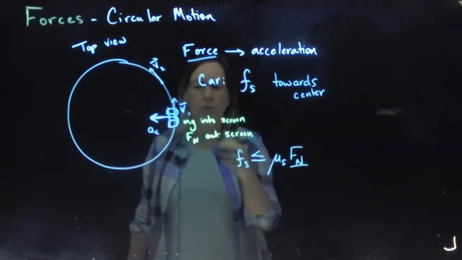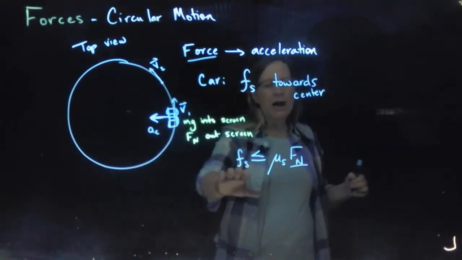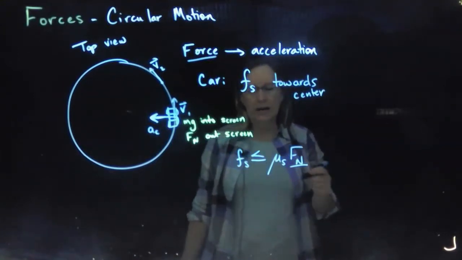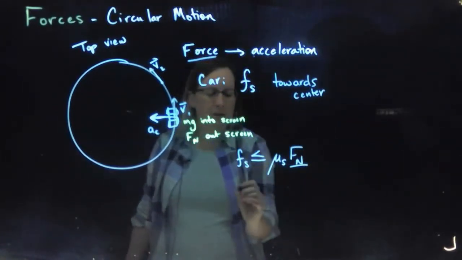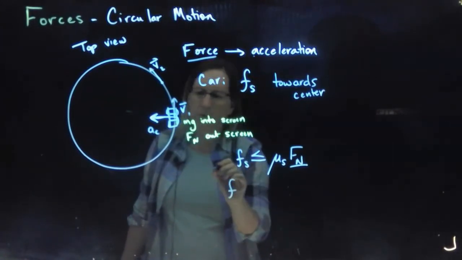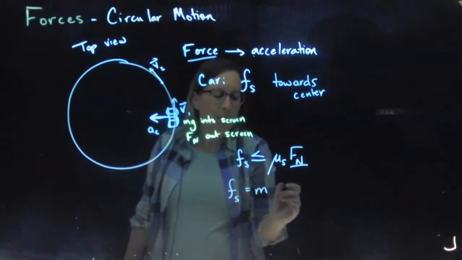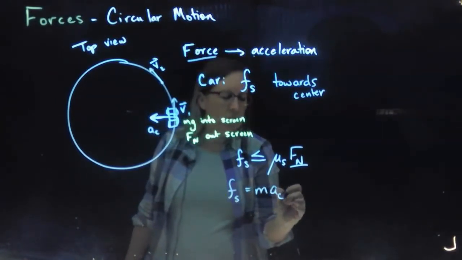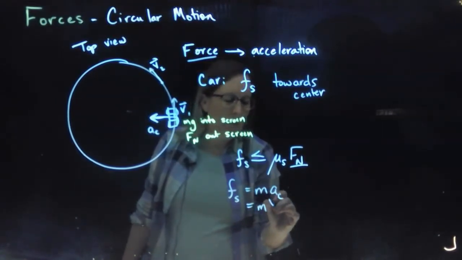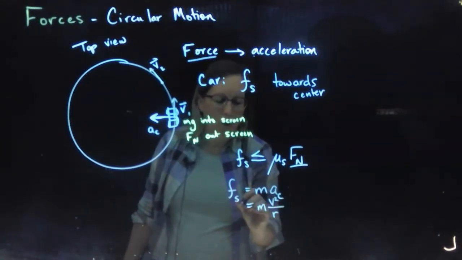So the normal force depends on the mass of the car, and the friction force that we need to provide this acceleration. So in the x direction, for example, our friction force is going to have to equal m times this acceleration, which would be equal to mv squared over r.